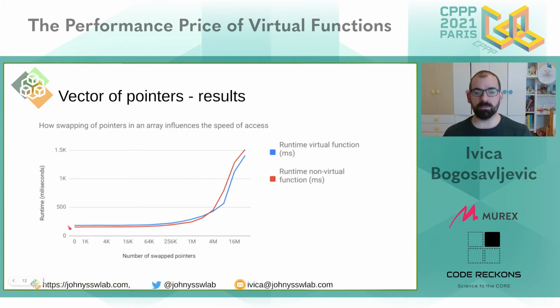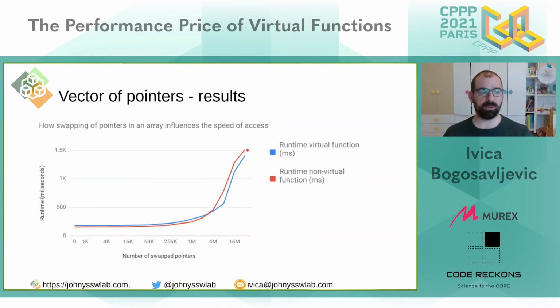So if we do relatively little pointer swapping, the runtime is about 200 milliseconds, and it stays like that until we do 64K swappings. Remember, we had 20 million elements. But as we're swapping more and more, after we've swapped most of the vector, the runtime just goes from 200 milliseconds to 1.5 seconds.